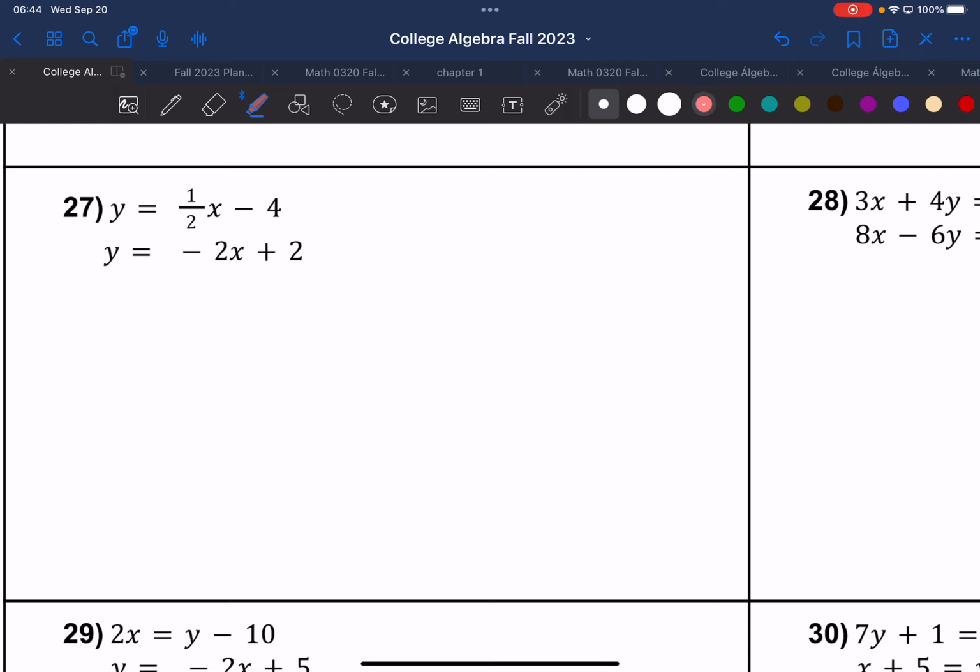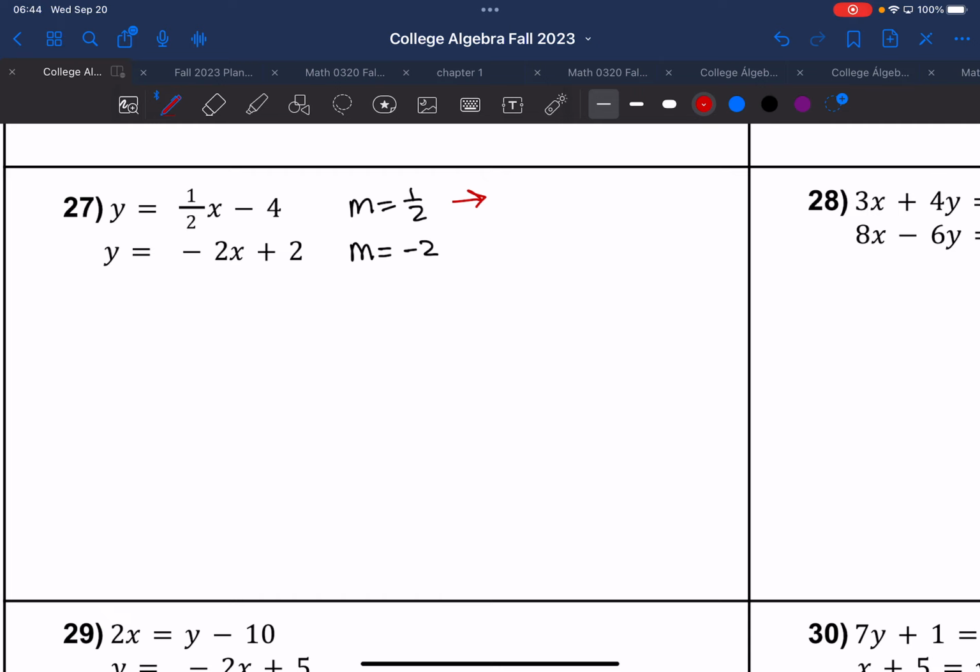Okay, what form are the lines on 27? Slope-intercept. That means our slope in the first equation is what? 1/2. What about the second equation? Good. Right away we know they're not parallel because they're not the same. So I'm going to take that first slope and take the opposite reciprocal.